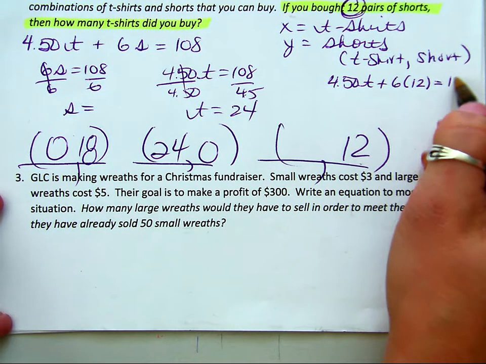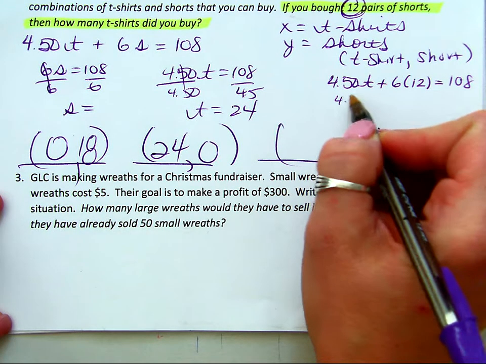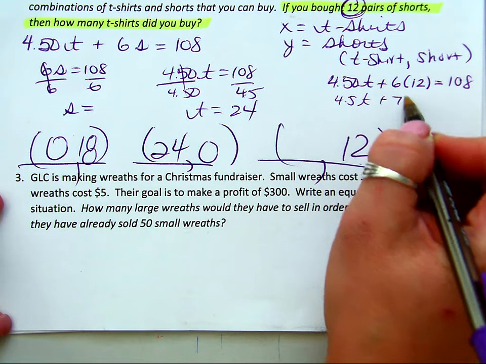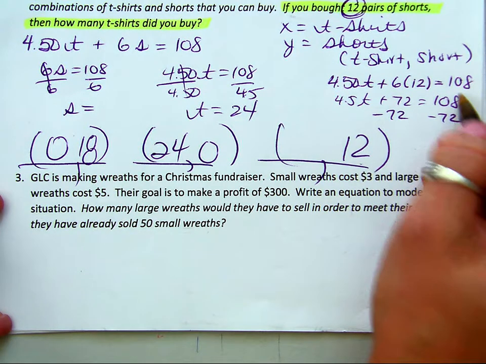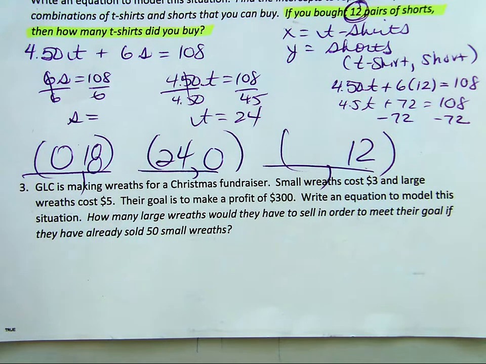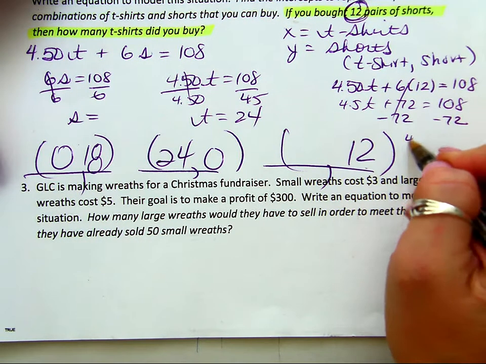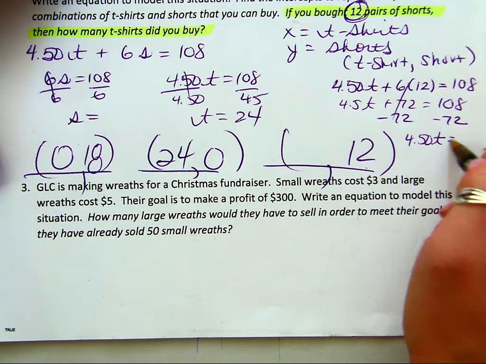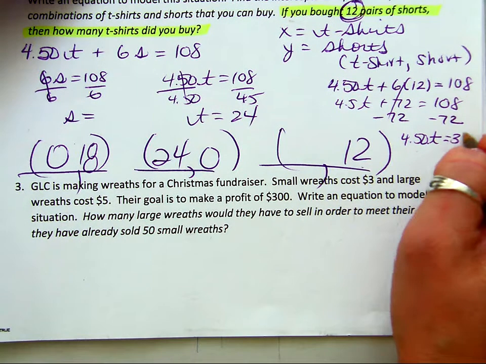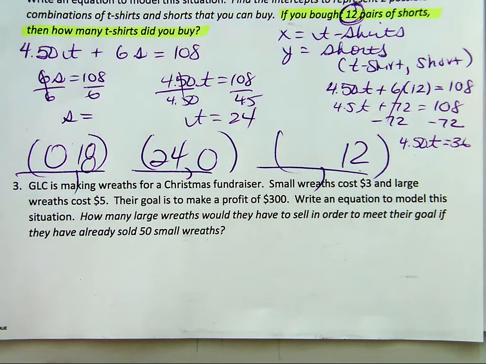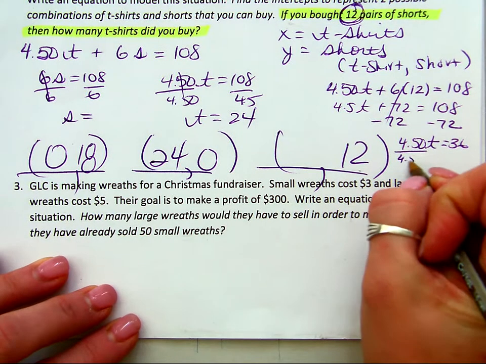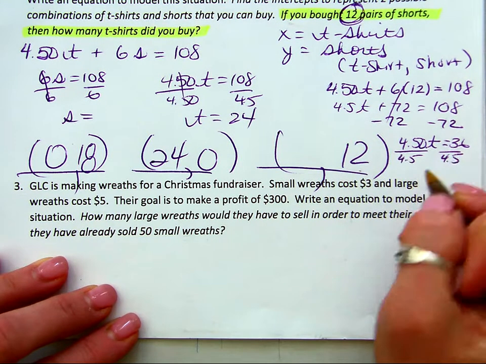So I'm going to have 4.5T plus 72. And then I'm going to subtract that 72 from my 108 because that's my shorts cost. And then I'm going to have $36 left over to spend on T-shirts. And then when I divide, I'm going to be able to get 8 T-shirts.